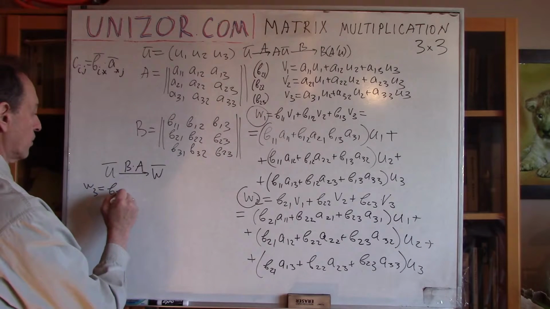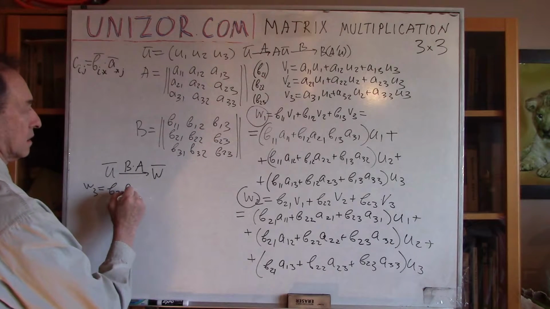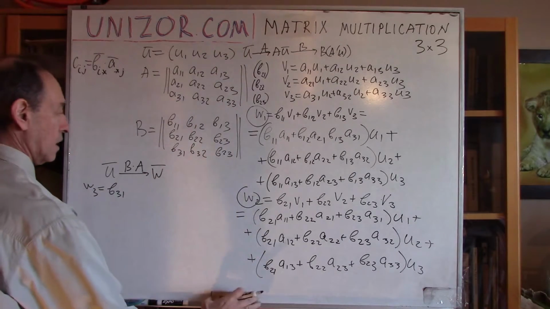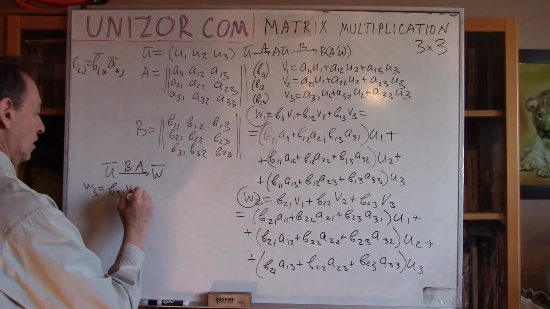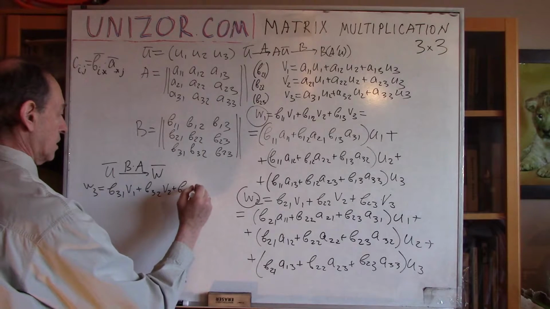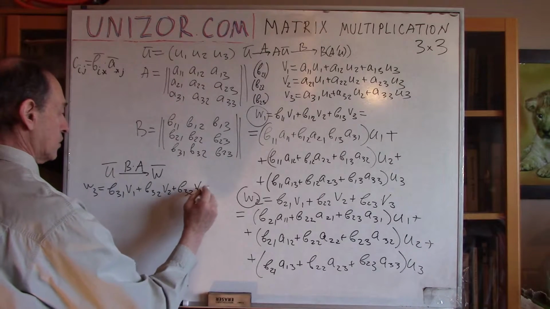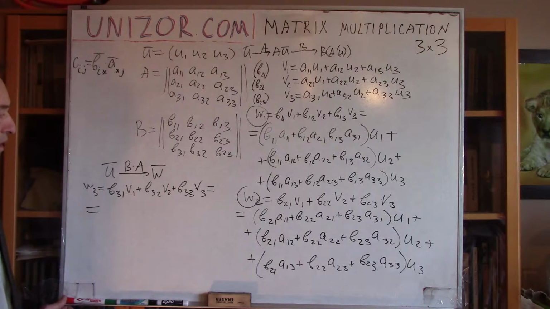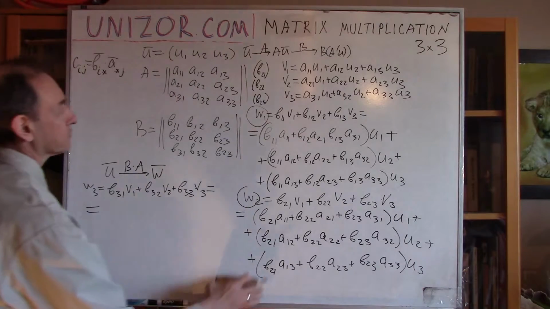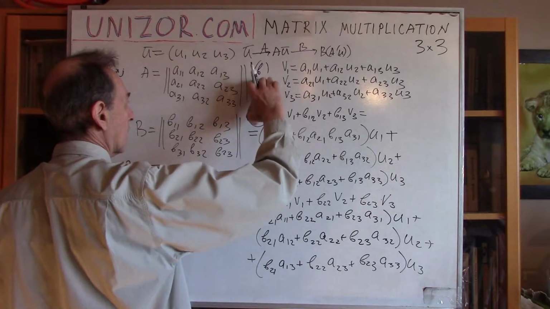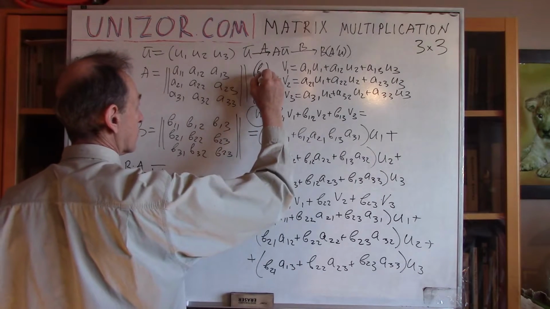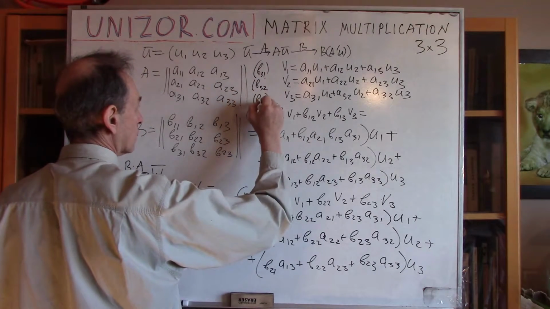Now let me start with V first. B31 V1 plus B32 V2 plus B33 V3, which is equal to, all right, so now we have the third row of the matrix B, which is 31, 32, and 33.